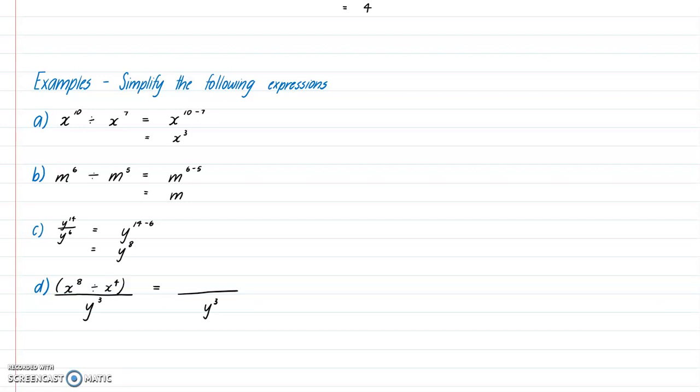So inside our brackets, we can simplify x to the power of 8 divided by x to the power of 4 by going x to the power of 8 minus 4. So x to the power of 4 divided by y to the power of 3. Now, can we simplify that any more? No, because even though it is divide, x and y are different bases, so we can't simplify it any further. That is index law 3.